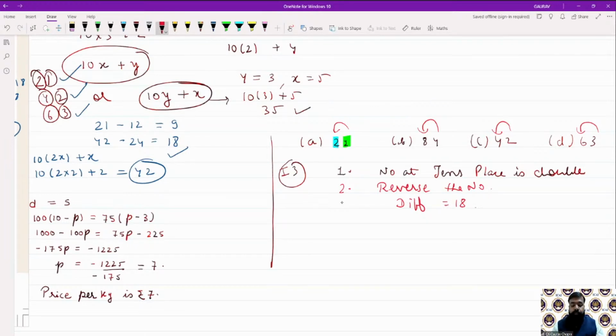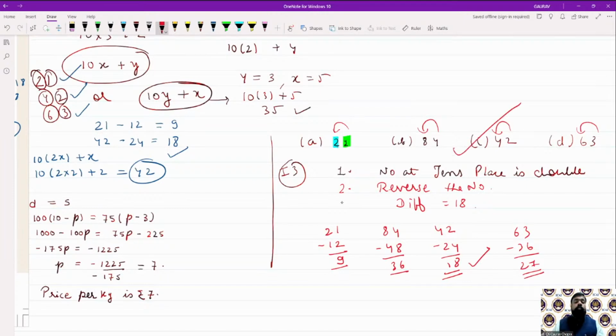If we reverse 21, 21 minus 12, the difference is 9. 84 minus 48, the difference is 36. 42 minus 24, the difference is 18. So from 42 we are getting the difference as 18, and all other options are giving different answers. Therefore, option 42 will be correct.